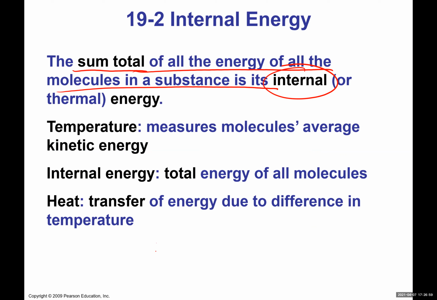So, not to confuse, this is the average translational kinetic energy. How do we calculate the average? We calculate the kinetic energy of the first one, plus the second one, plus the third one, and so on up to the ith particle. So you have n number of particles. Add all of their kinetic energies, then divide by the number of molecules you have.